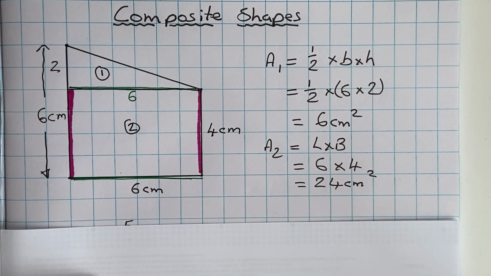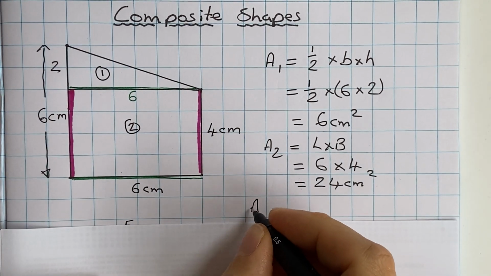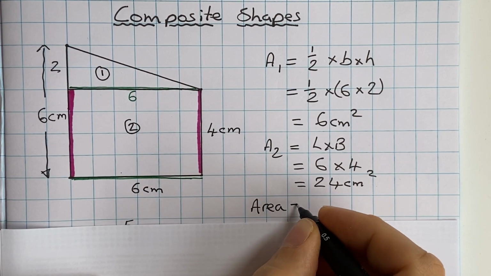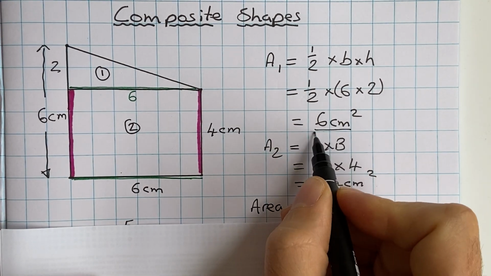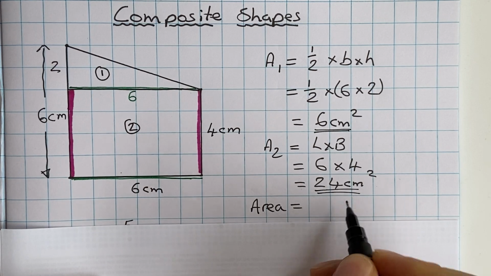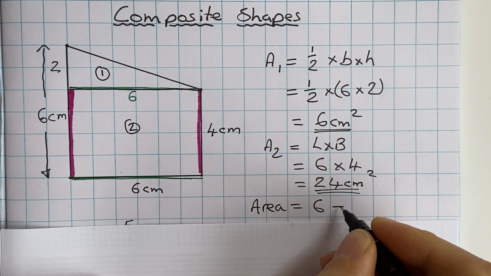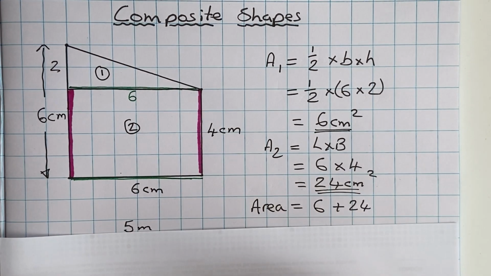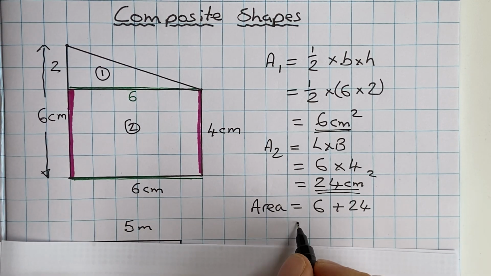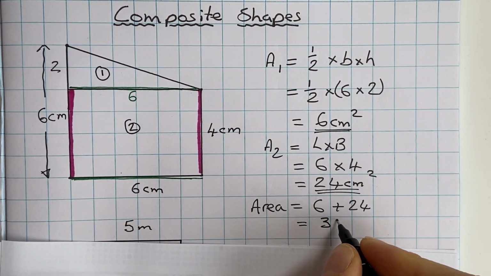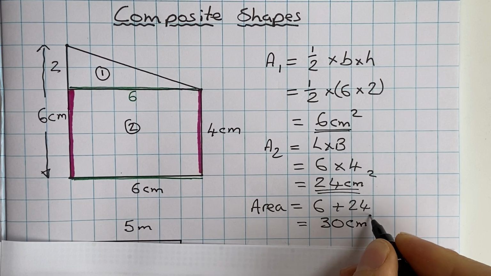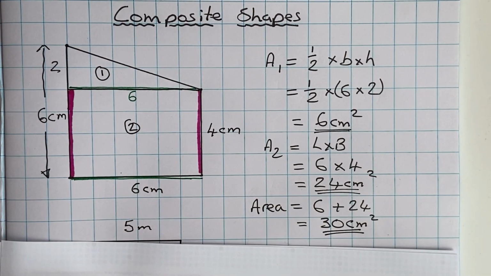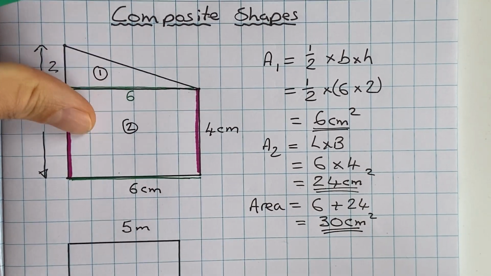So now the area of our shape is 6 plus 24. So that equals 30 square centimetres. Okay, another example.